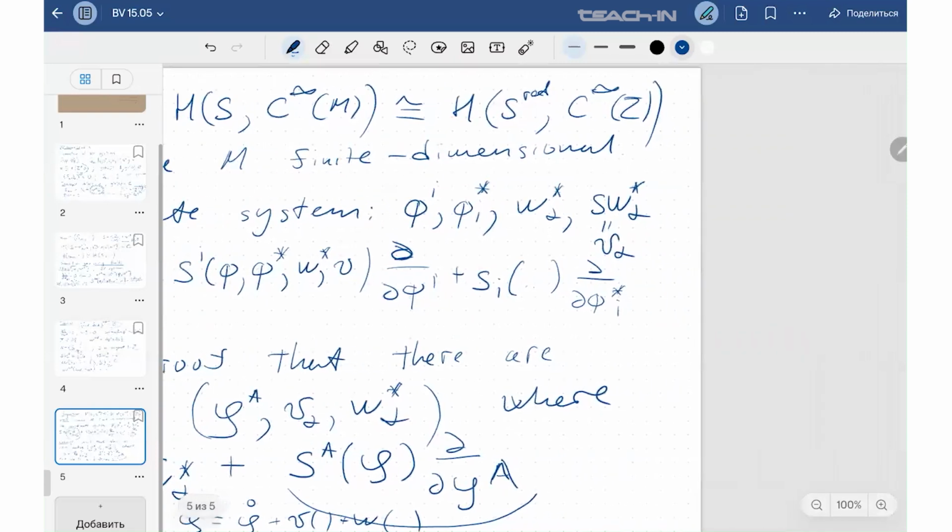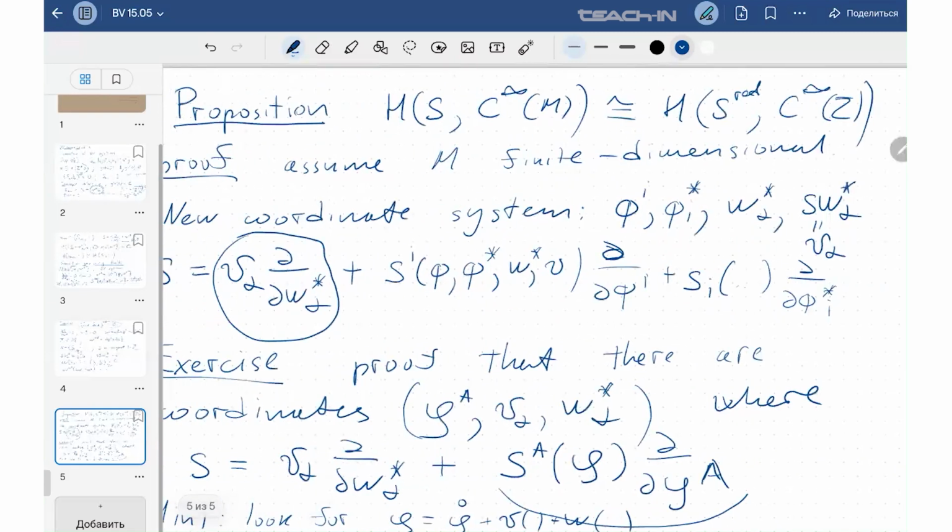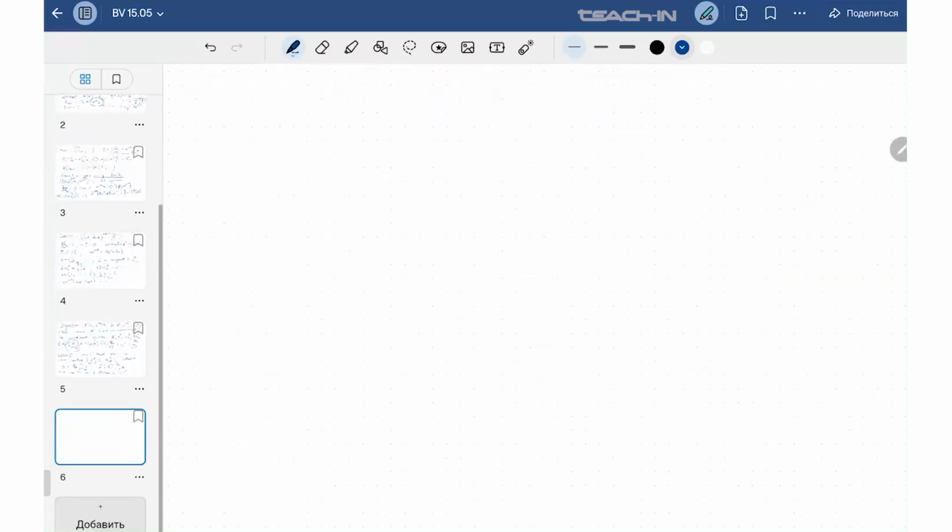Okay, and now we get more to the quantum level. We will stick to just formal considerations, a formal path integral.